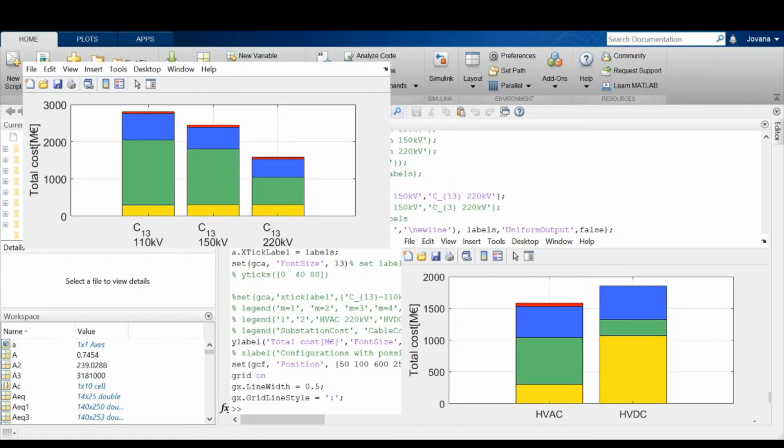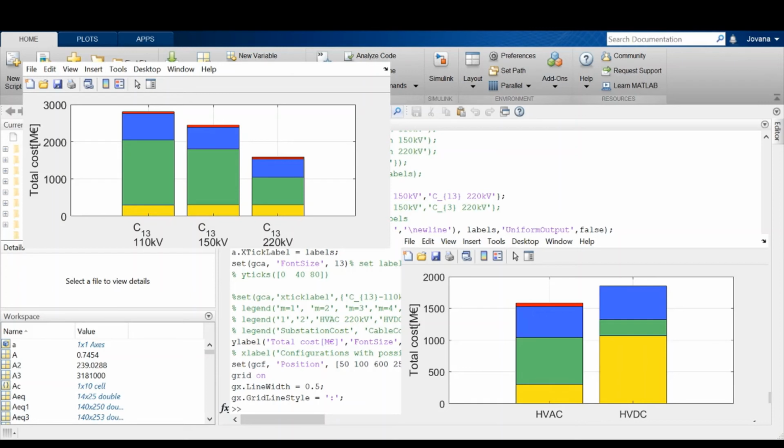Now here on the left side, we have, as I said, C13 as the most optimal configuration with possible reactor locations. And we have the comparison of 110, 150, and 220 kV, where the yellow box represents the substation cost, the green box represents the cable cost, the blue the cost of the losses, and the red the cost of the reactors.